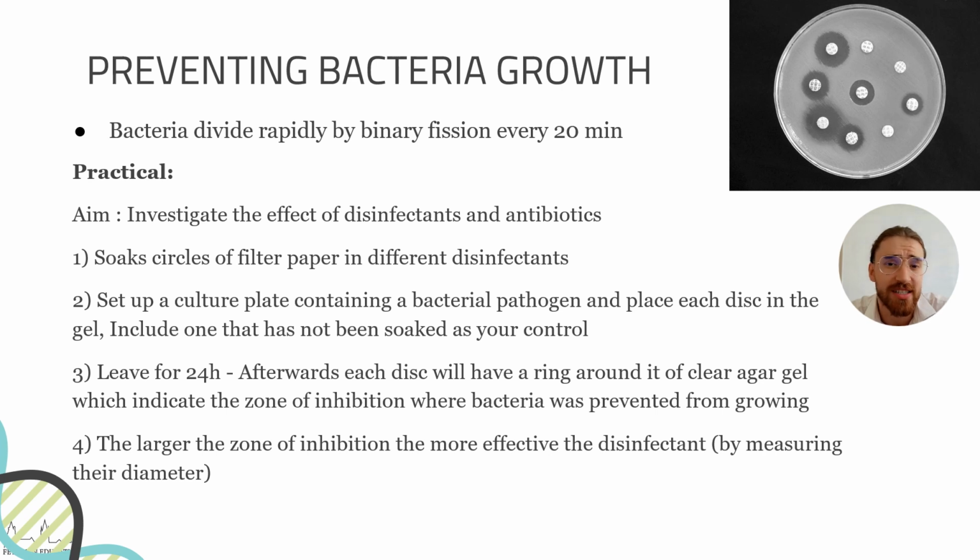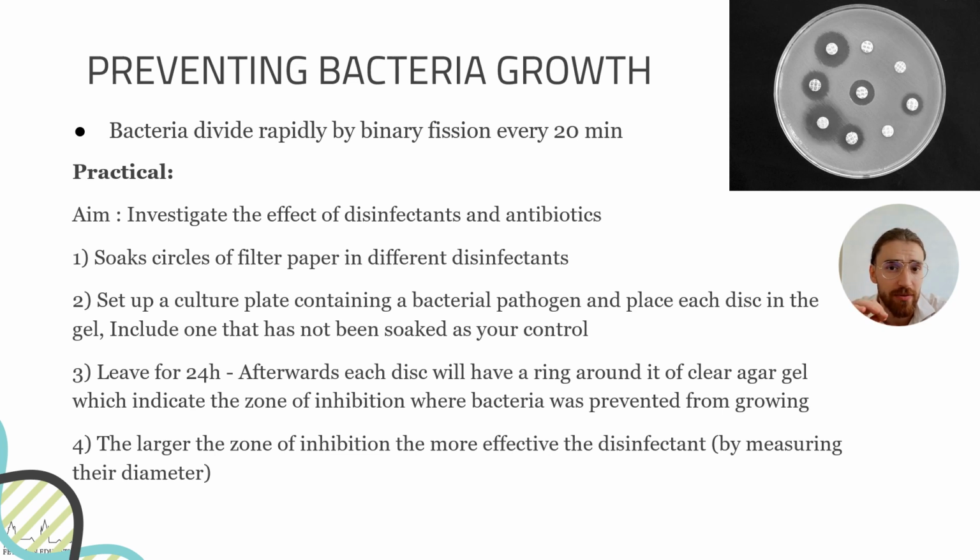So once we have grown this agar dish containing our bacteria of interest, we can then use it to test for the effectiveness of different antibiotics on this specific type of bacteria. How we do this is by soaking these little discs, these little circles of paper, in the antibiotics, and then placing those discs onto our agar containing the bacteria.